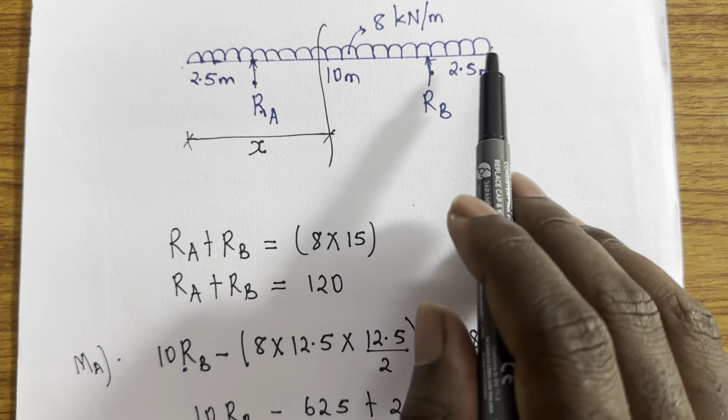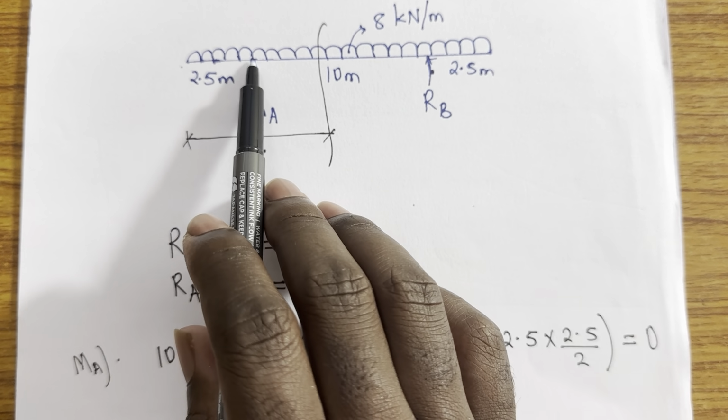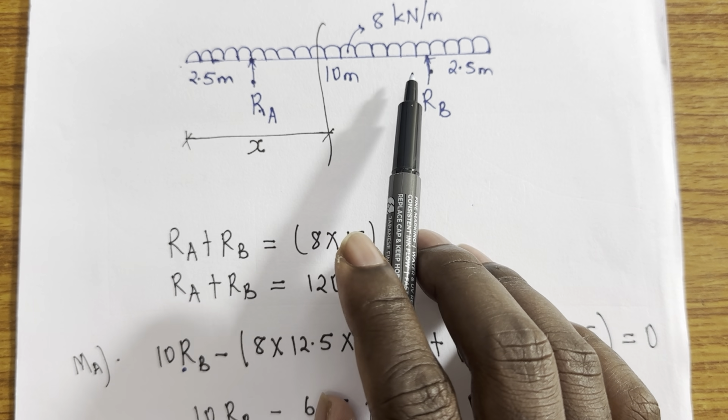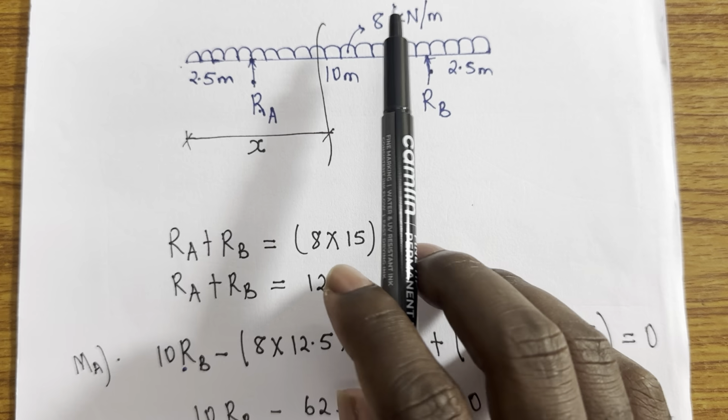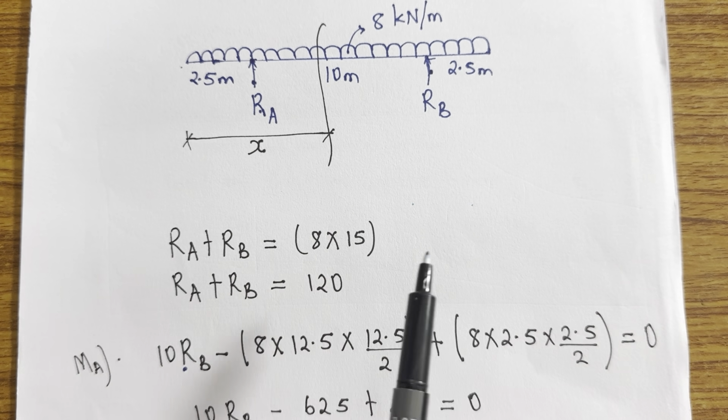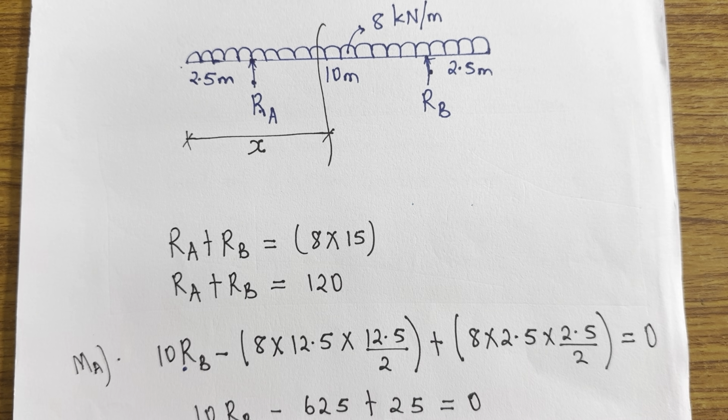As I explained in my video, please watch my video on bending moment and shear force diagrams, you'll understand very well. When I have a UDL, the first thing you do is take this UDL value and multiply it with the total span. You will convert it to a force.